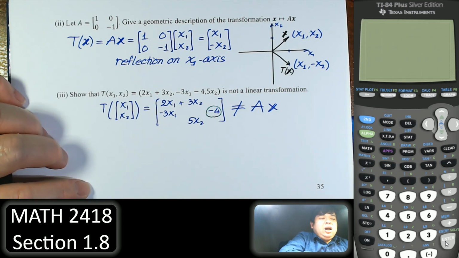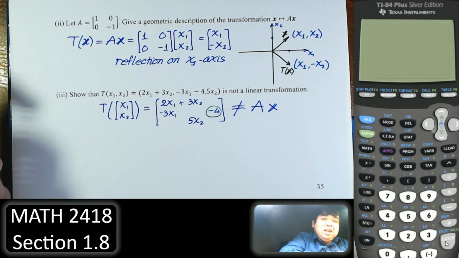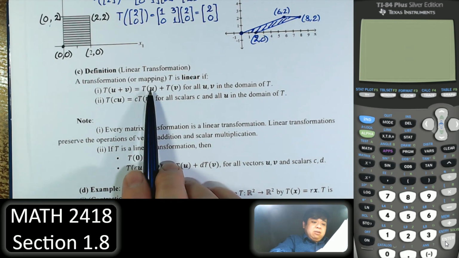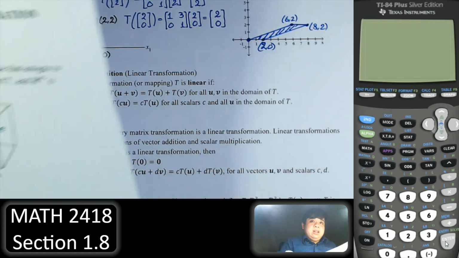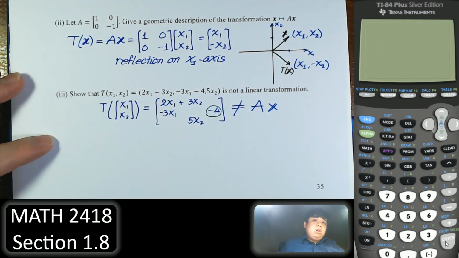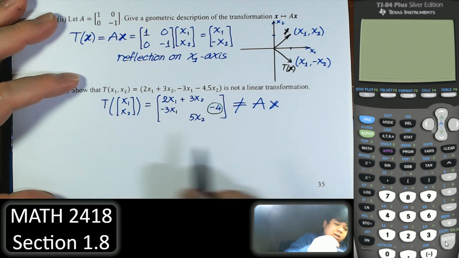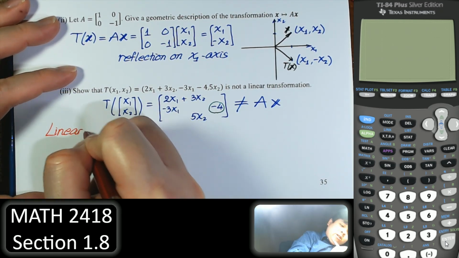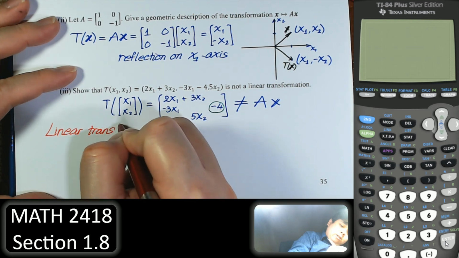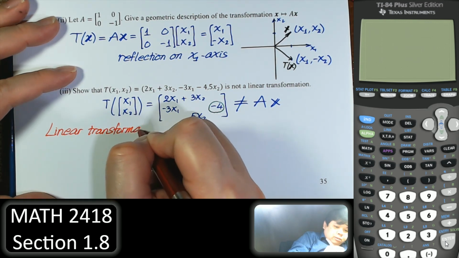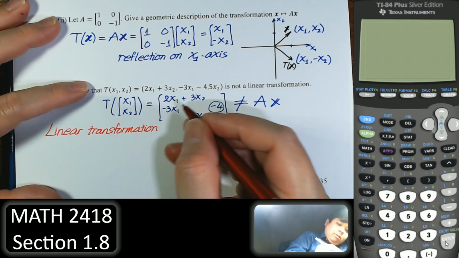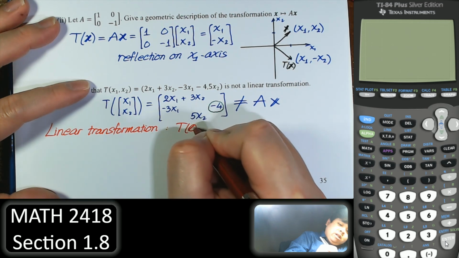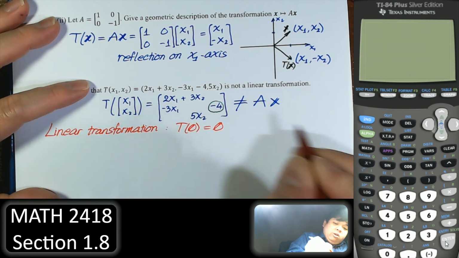What we do instead to show that this is not a linear transformation, of course we can use any of the properties, but the easiest one is that a linear transformation transforms 0 to 0. If it is a linear transformation, then the transform of the 0 vector is equal to the 0 vector.